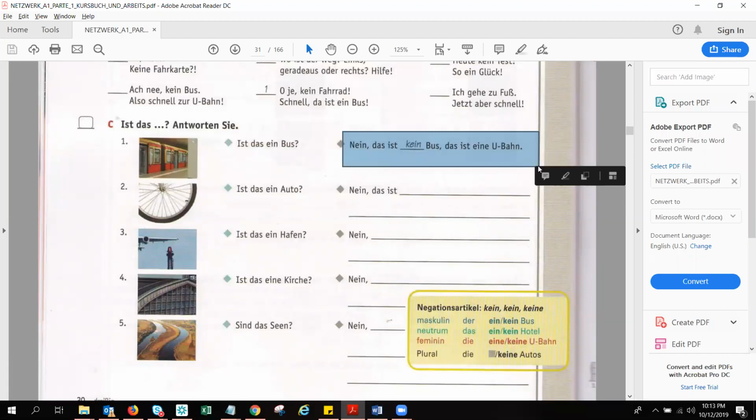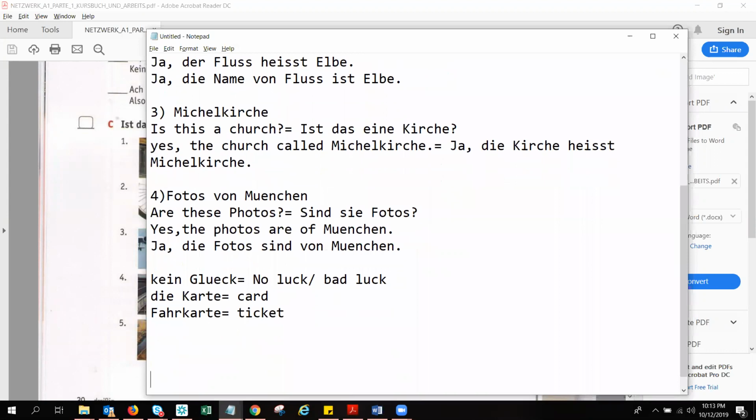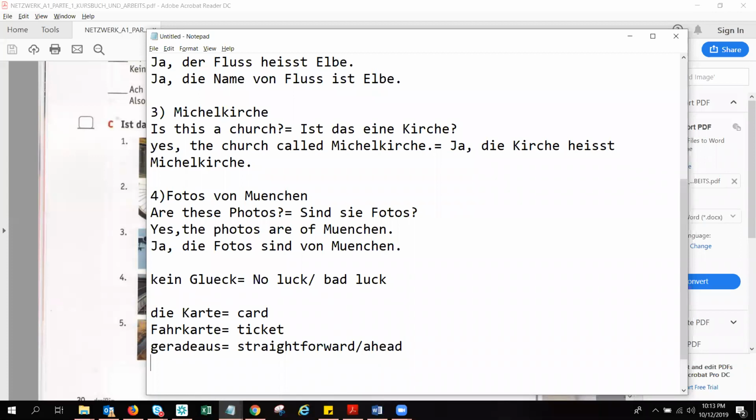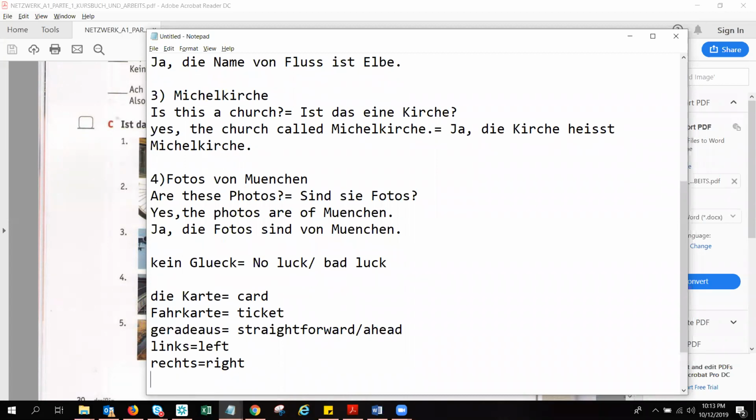Before doing this, I'll write the nouns which we have done here, the words. First was die Karte, we have done this. Next, there is one word, geradeaus. Geradeaus means straightforward or straight only, or you can say ahead. Links is left, rechts is right. These are the directions.